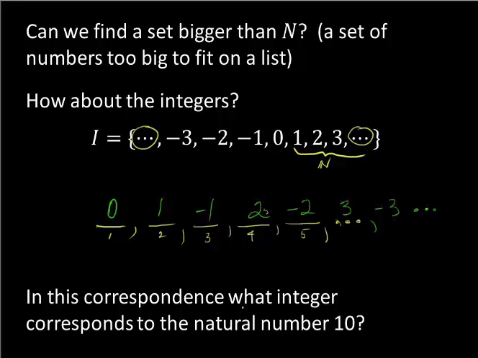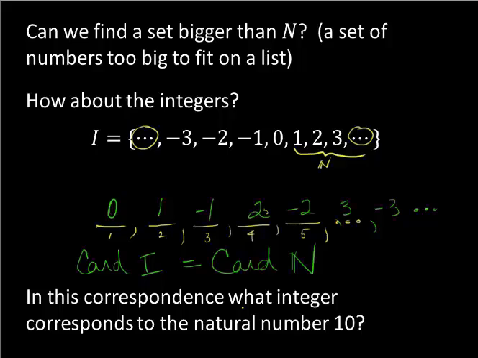Each number on the list corresponds to its position on the list. And yes, all of the integers are on the list. So we can say that the cardinality of I is equal to the cardinality of n. The integers are not a bigger size of infinity.